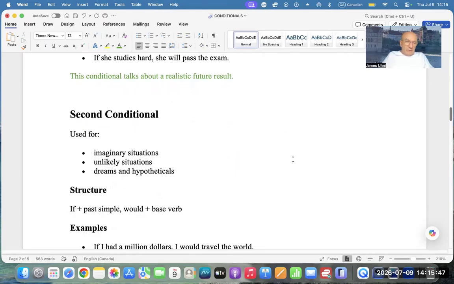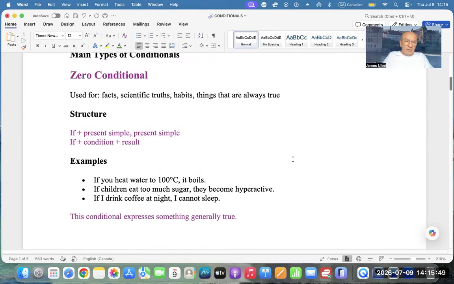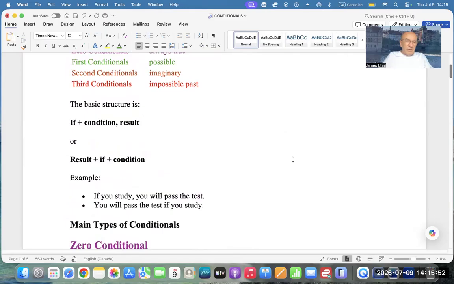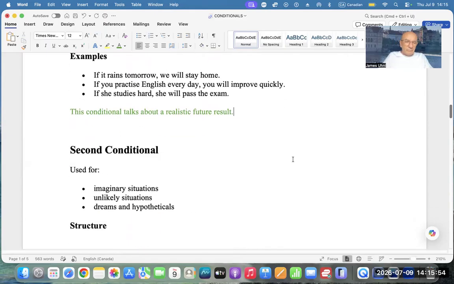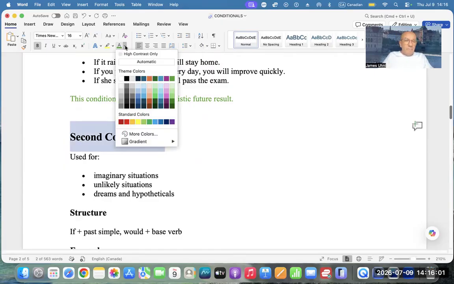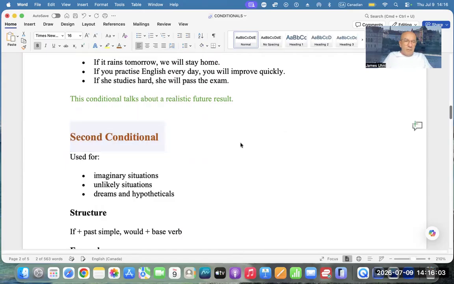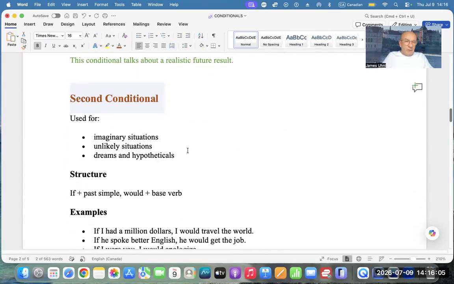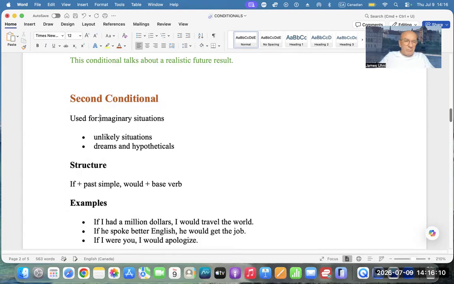Then we have the second conditional. I believe that is in brown. Let me see. Yes. Second conditionals. Here they are. Used for imaginary situations. Well, this is going to be very interesting, but you will understand it very easily.